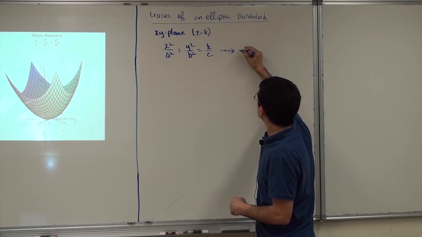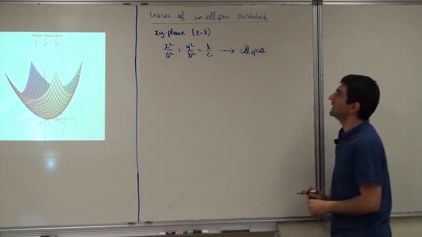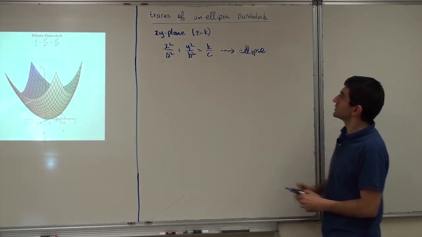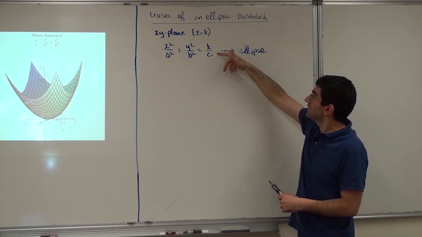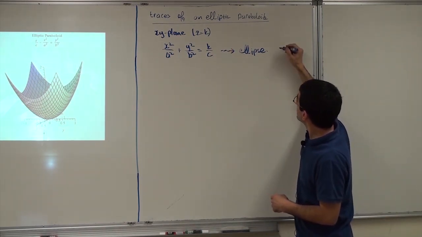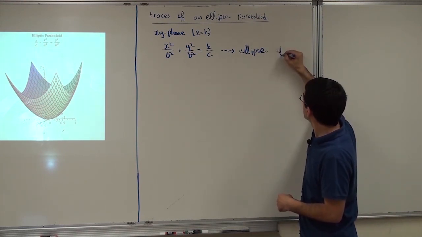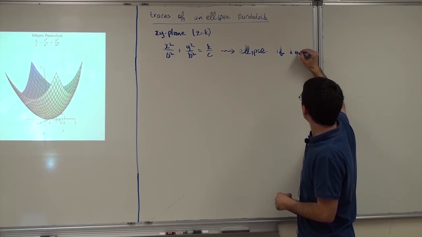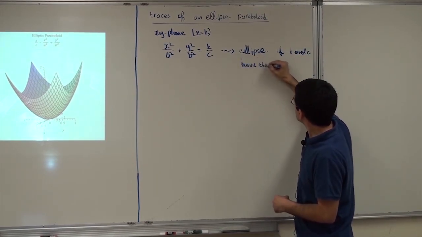So this represents an ellipse. Of course, if k and c have opposite signs, then there is no intersection. So this equation represents an ellipse if k and c have the same sign.